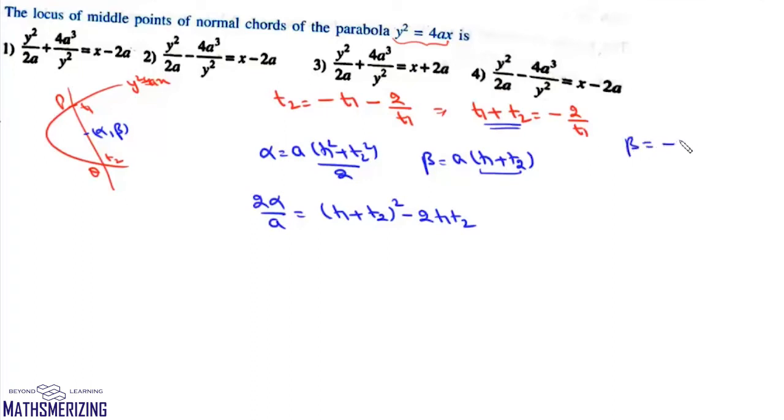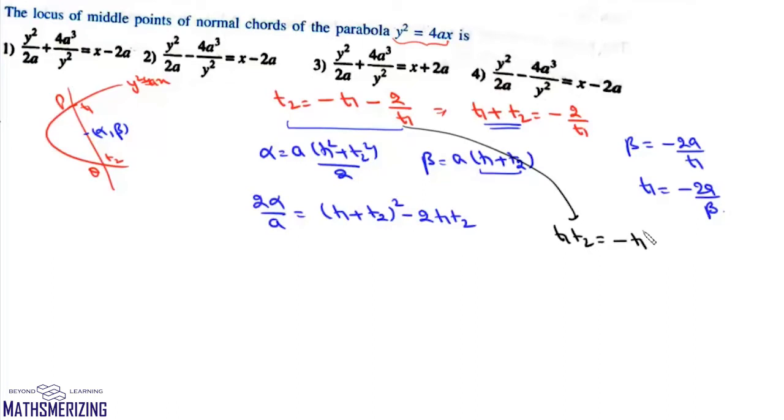Beta is equal to minus 2a upon t1, so t1 will be minus 2a upon beta. From the chord equation, taking t1 as LCM, t1 t2 is equal to minus t1 square minus 2. Putting t1 here, we get minus 4a square upon beta square plus 2.